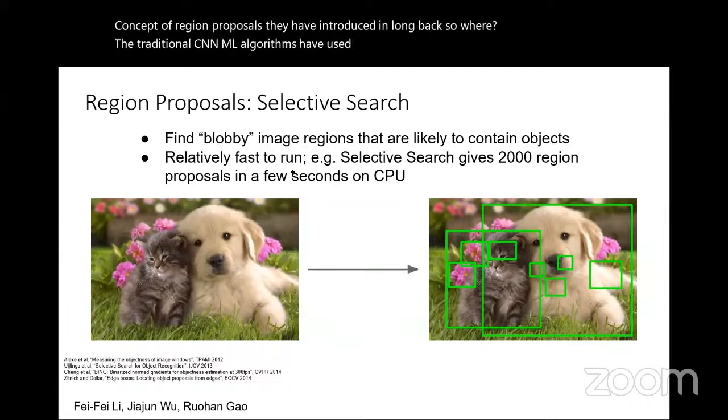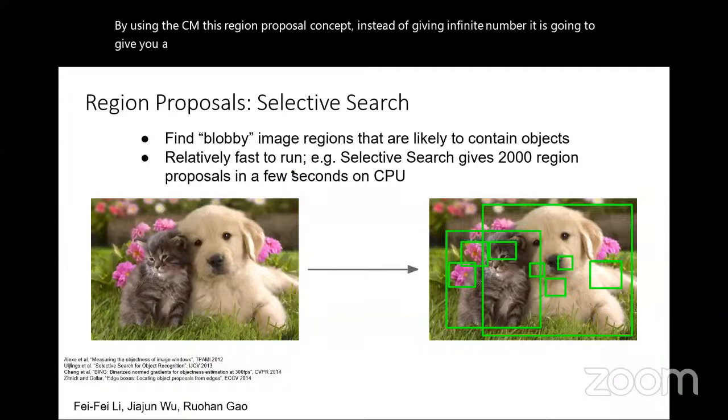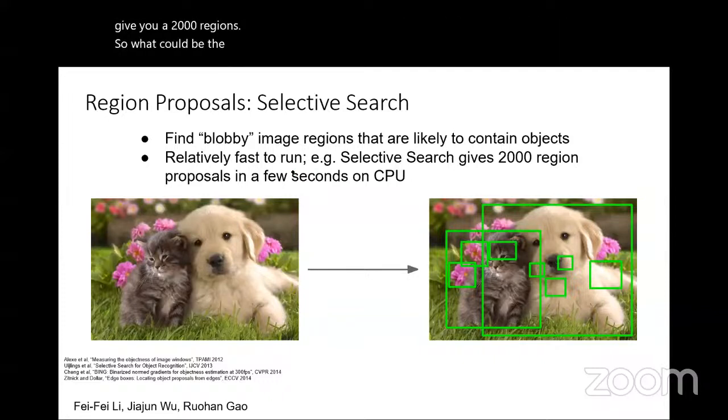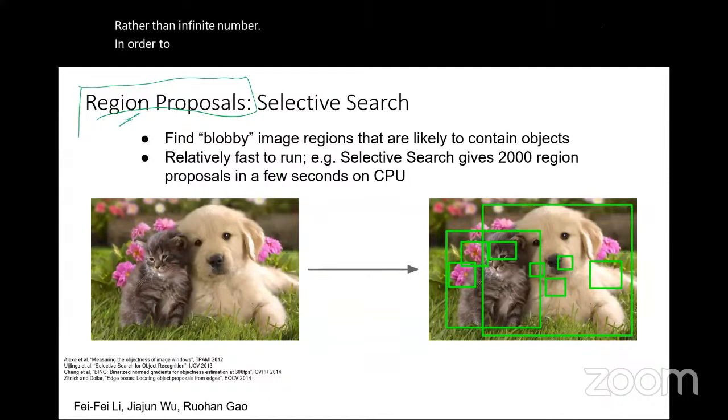By using this region proposal concept, instead of giving an infinite number, it is going to give you 2000 regions. So what could be the tentative idea of this concept of selective search? Let's try to observe. We need to get a finite number of regions rather than an infinite number. In order to get this finite number, we can use the concept of selective search.